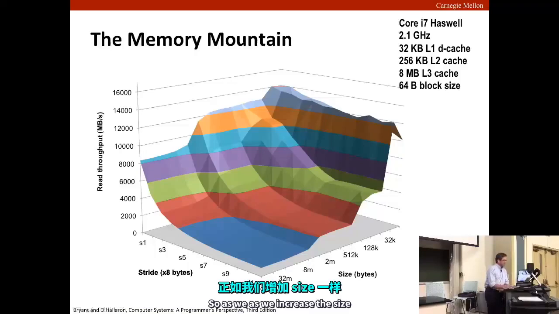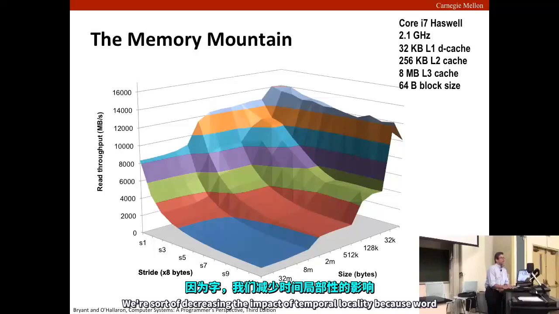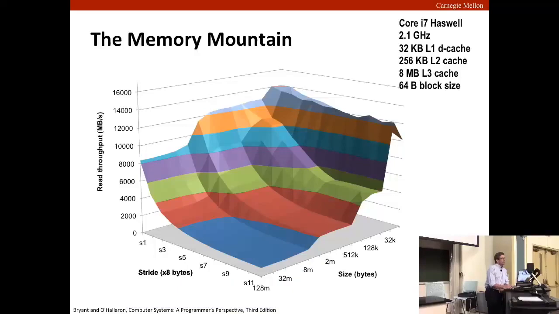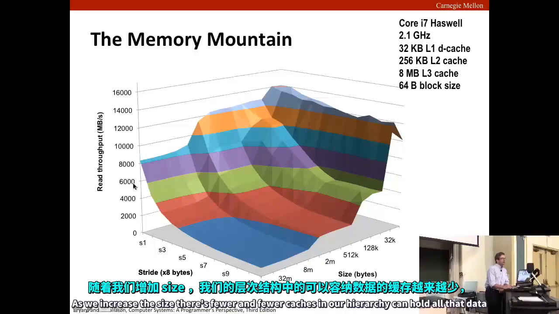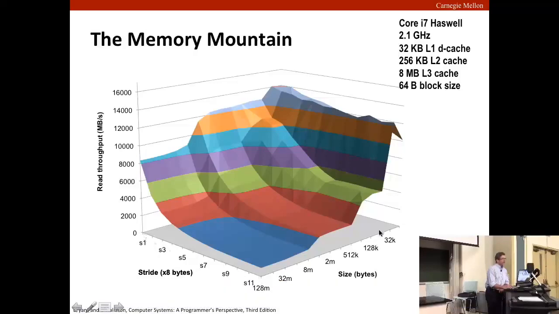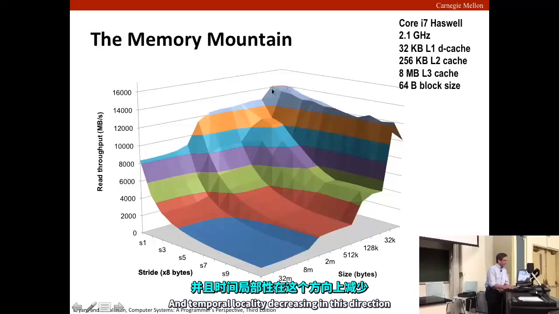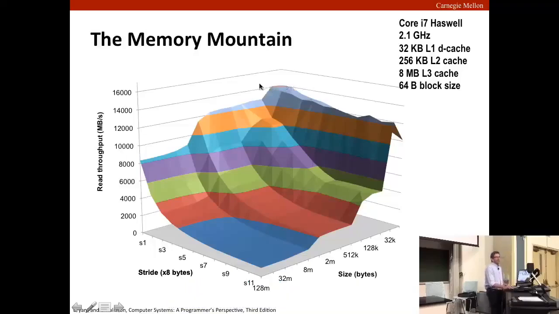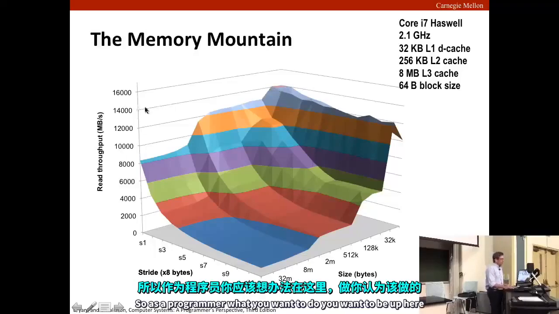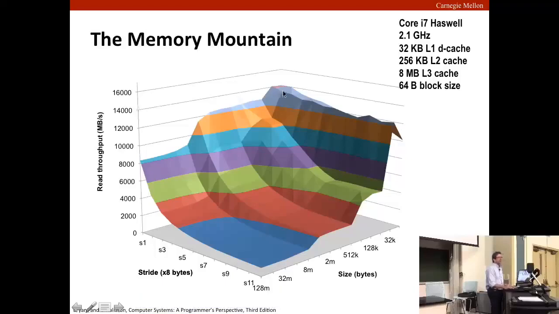As we increase the size, we're decreasing the impact of temporal locality, because as we increase the size, fewer and fewer caches in our hierarchy can hold all that data. So we've got spatial locality decreasing in this direction and temporal locality decreasing in this direction. As a programmer, you want to be up here, right?